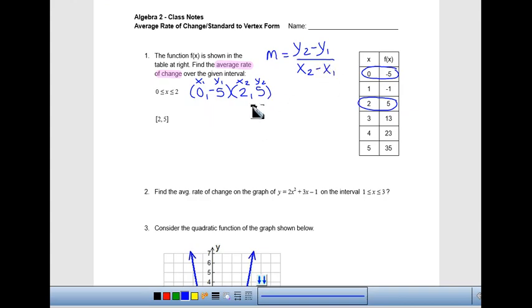So I've got my slope is equal to y2, which is 5, minus y1, which is -5, divided by x2, which is 2, minus x1, which is 0. When I simplify this, I end up with 5 plus 5, which is 10, divided by 2. And 10 divided by 2 is 5.